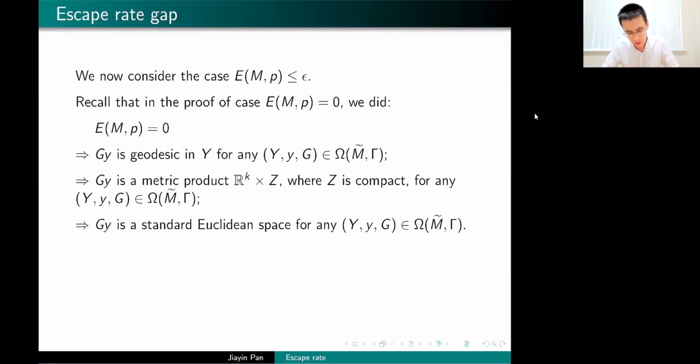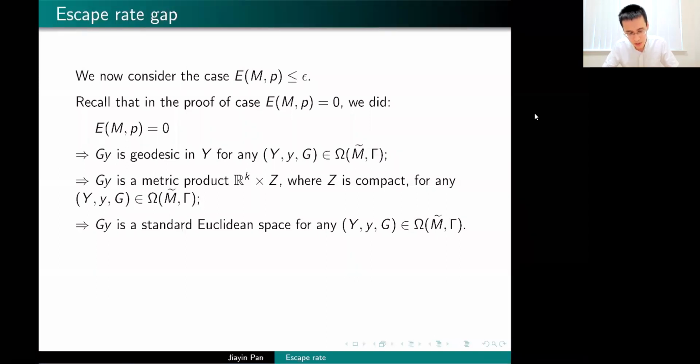Roughly speaking, we start with escape rate equal to 0. Then we show that the limit orbit is always geodesic. Then we show that the limit orbit is always a metric product R^k cross some compact Z. Then we show that the limit product is always a standard Euclidean space. Then this implies virtually abelian.